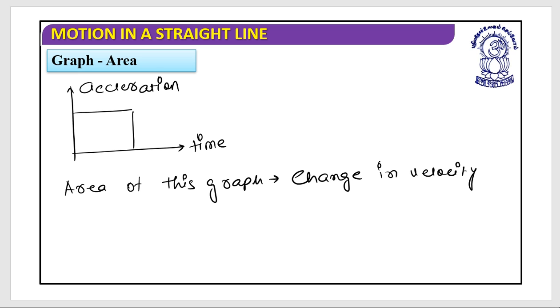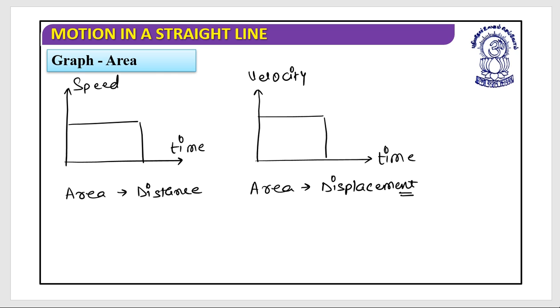Area of this graph will be the change in velocity. Have you done up till this? Are you sure? Do you want to revise these things? Let's have a look. And if you wish, you can write it, but do it very fast.